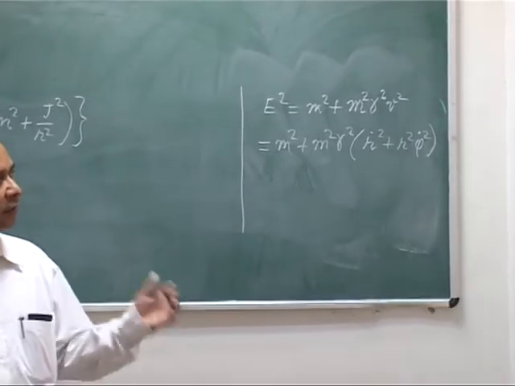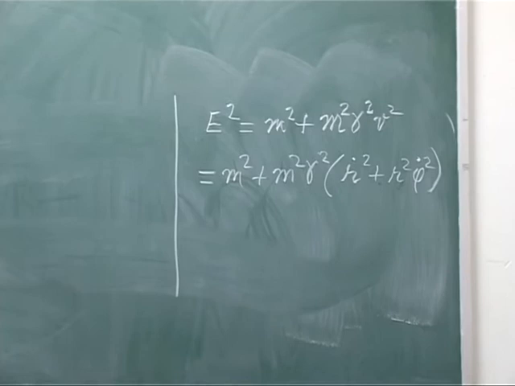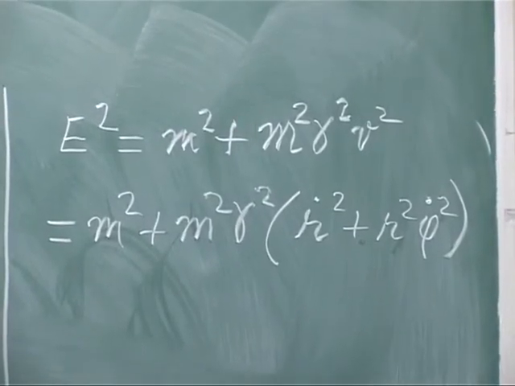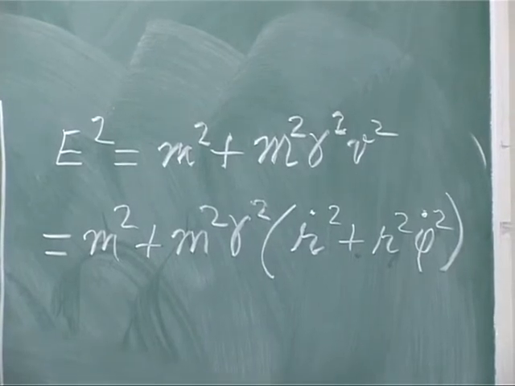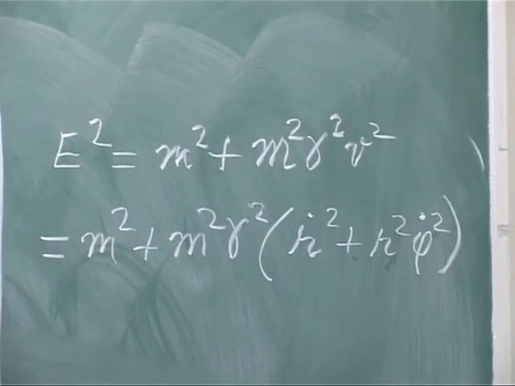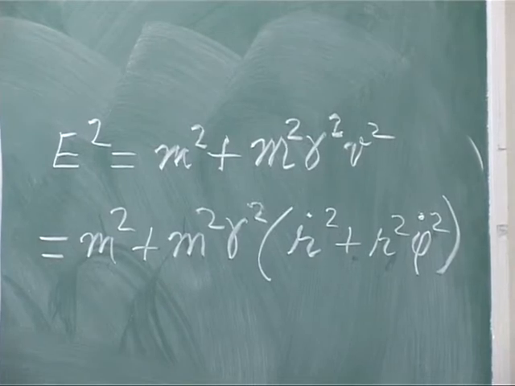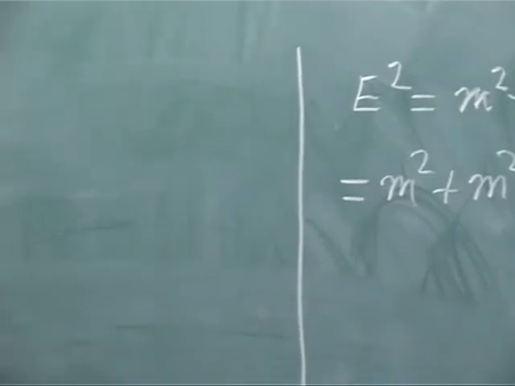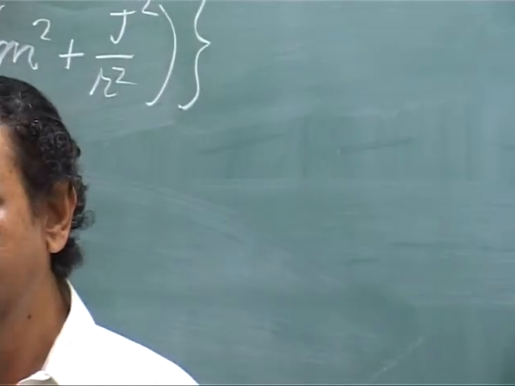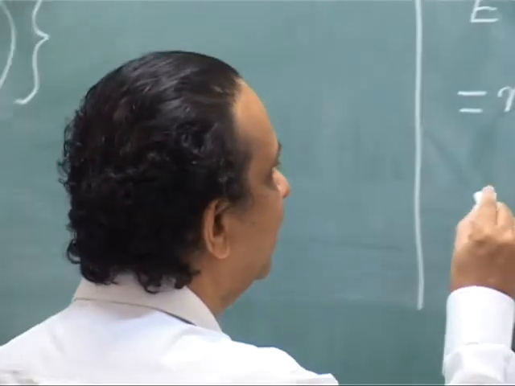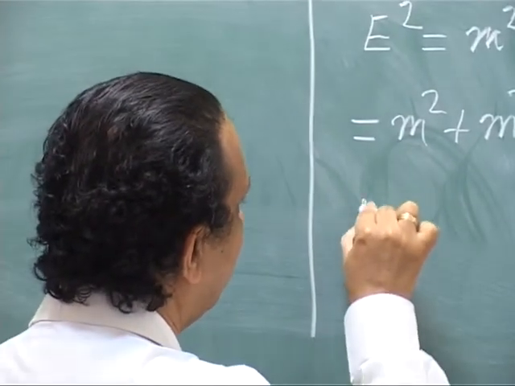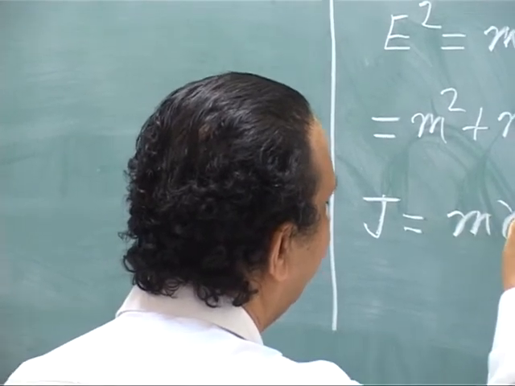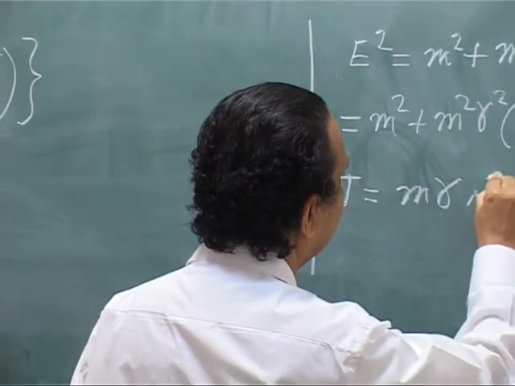Now, the question is, what are the conserved quantities? In particular, what is the analog of a conserved angular momentum? If we are talking about a central force problem, and in particular a no force problem, which is a trivial central force problem, r cross p is conserved by the standard argument, but p is now the relativistic momentum. So, relativistic momentum has an extra gamma. So, the angular momentum which is conserved will be m gamma r square phi dot.